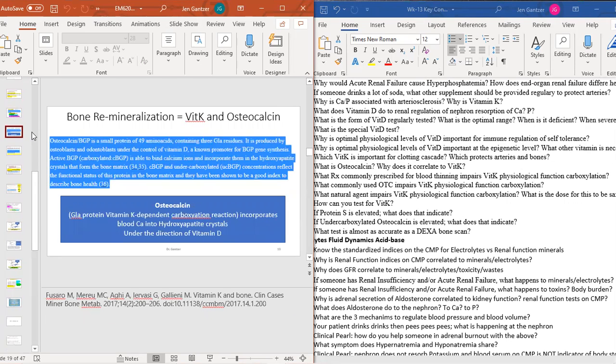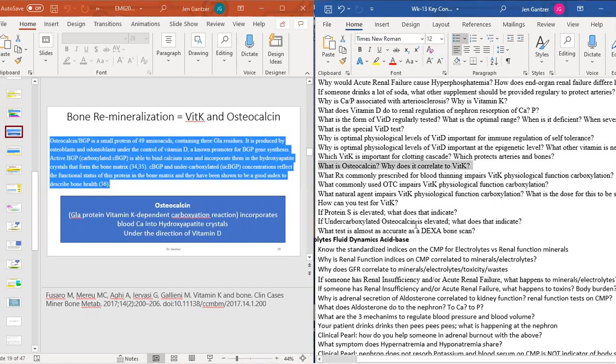The active physiological function of vitamin K is carboxylation reactions, which is binding a calcium and putting it into whatever location it needs through that carboxylation reaction. So osteocalcin is going to be a small protein, and it works at the level of the bone. And this again is where the vitamin K dependent carboxylation reaction is working.